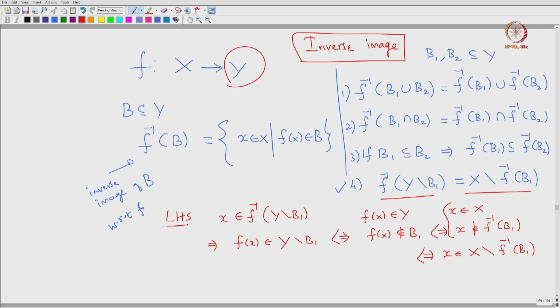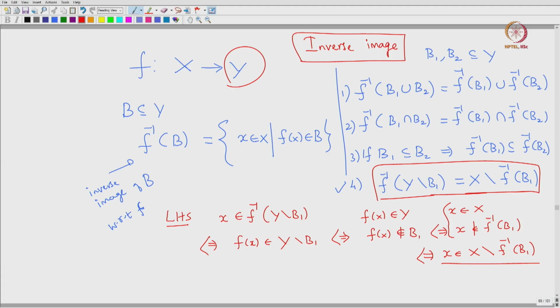So that means f of x is in Y difference B1, so that means x is in f inverse of Y difference B1. That tells you that x is in f inverse of Y difference B1 if and only if x is in X difference f inverse of B1. So that means this equality is true. And similarly, one can prove the other relations as well.